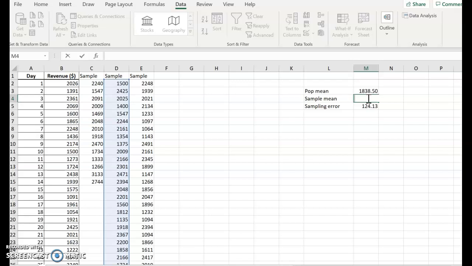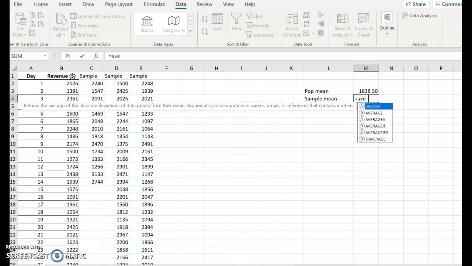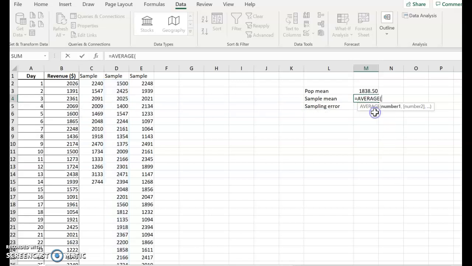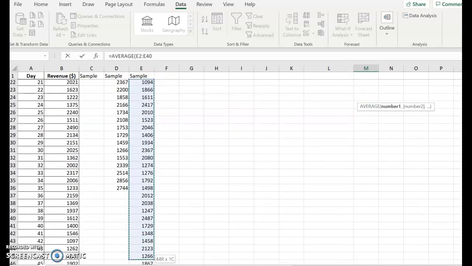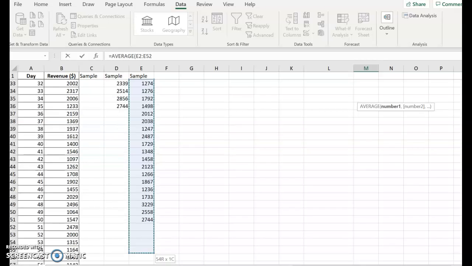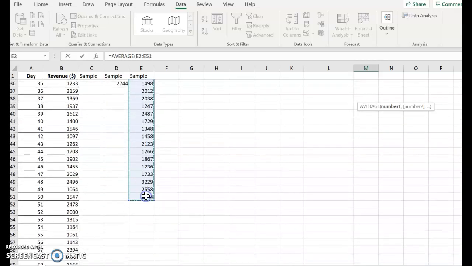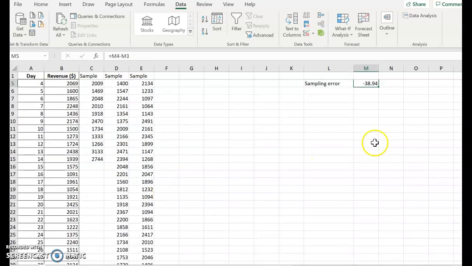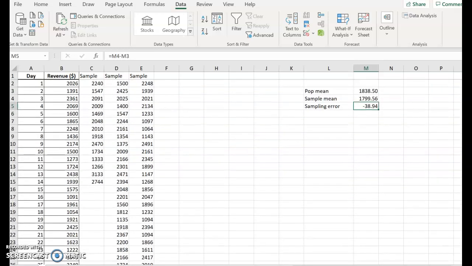Our sample mean is going to be the average of our new sample, or the mean of our new sample, which is bigger. And this time our sampling error is negative 38.94.